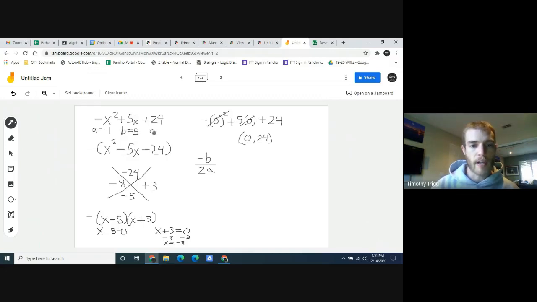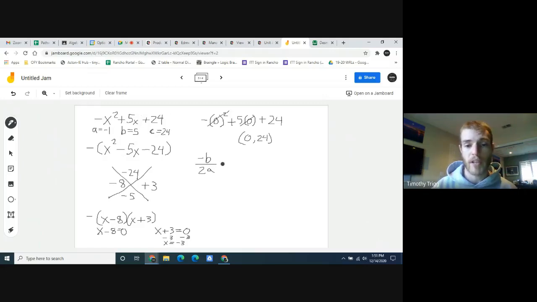And the c is whatever the constant term is, in this case 24. Now, we don't need c in this formula, but it's going to come in handy later, actually in the next unit. So knowing how to find a, b, and c from a quadratic equation is very important.